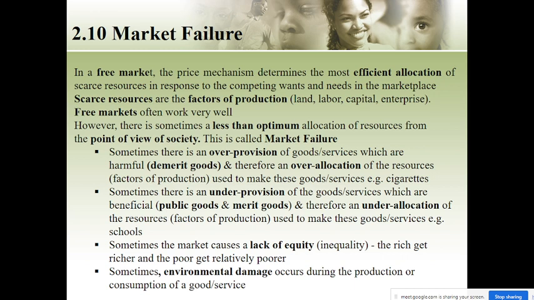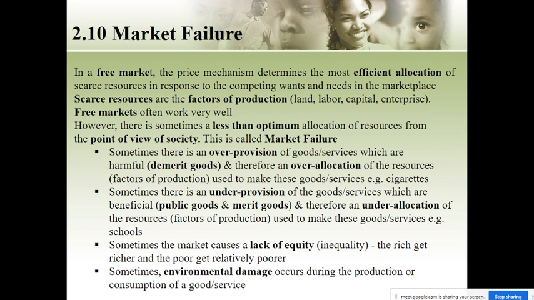The first reason behind the failure of any market is that sometimes there is an over provision of goods and services which are harmful, for example demerit goods, and therefore an over allocation of the resources, the factors of production, used to make these goods and services. For example, cigarettes.